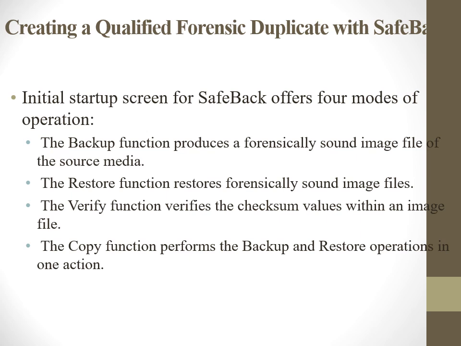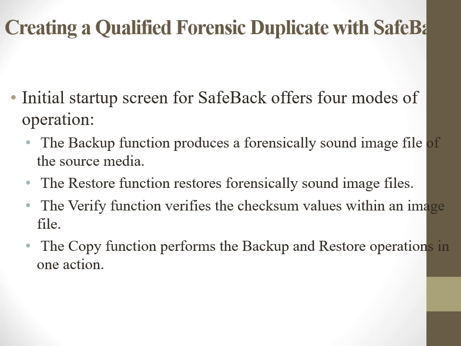When you're creating a qualified forensic duplicate with SafeBack, the initial startup screen offers 4 modes of operation: the backup function, the restore function, the verify function, and the copy function. The backup function produces a forensically sound image of the source media.